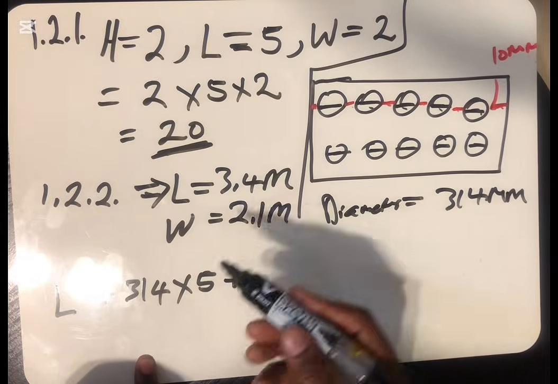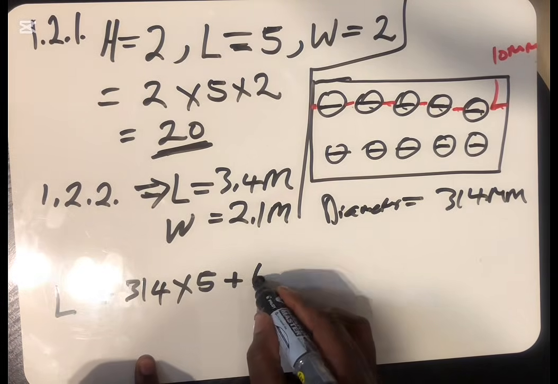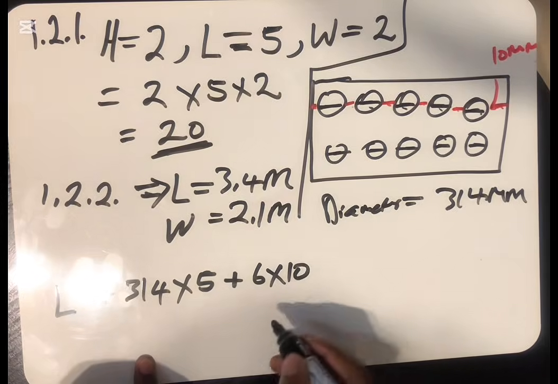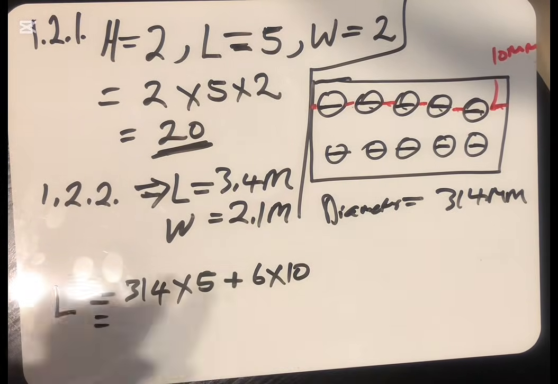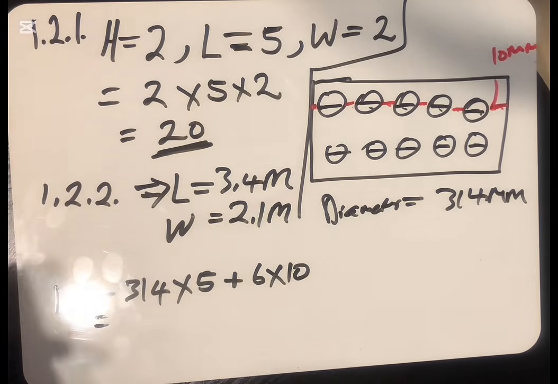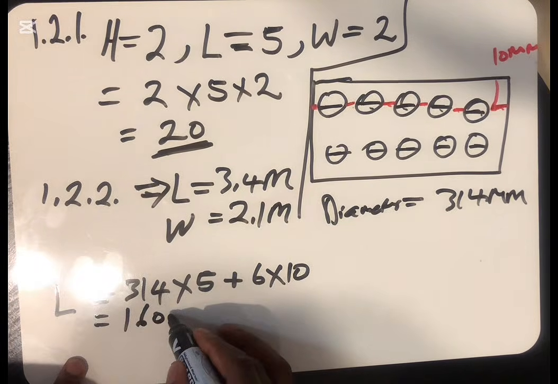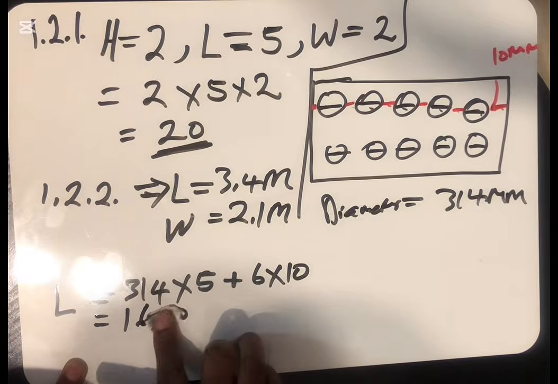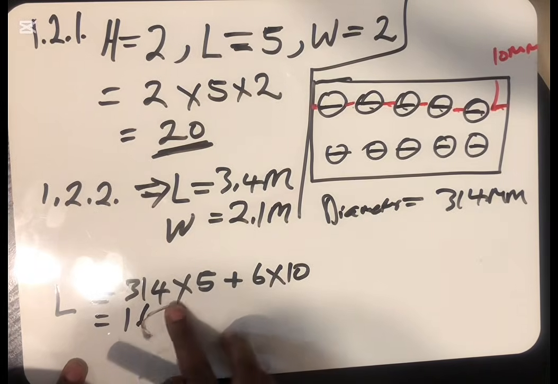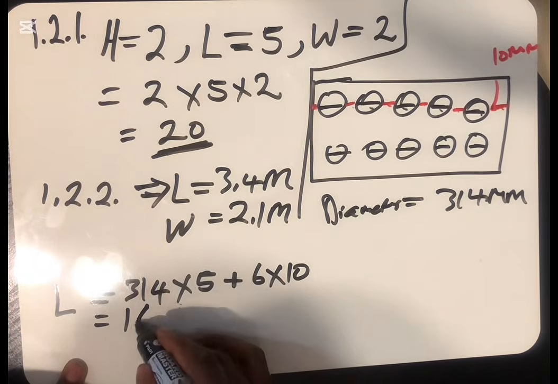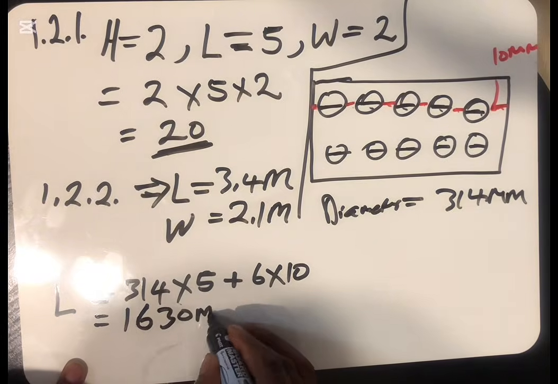How many gaps do we have? We have 6 gaps, and each gap represents 10 millimeters. So the total length is 314 multiplied by 5 plus 6 multiplied by 10, which is 1,630 millimeters.